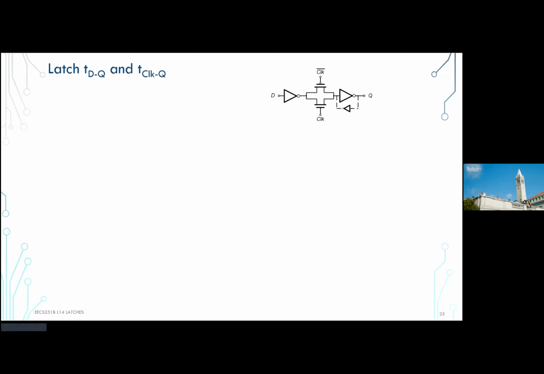Let's take a transmission gate latch. It's going to be the same thing whether I take a transmission gate latch or, I don't know, I can do this one. C-squared MOS.